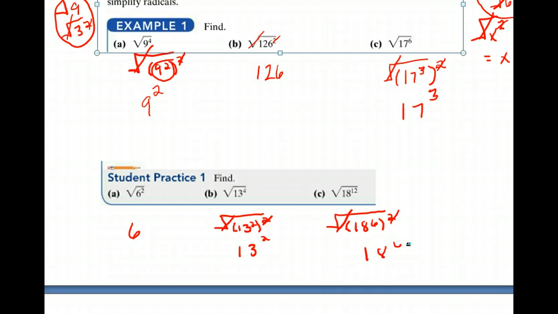Now, in every single one of these examples, I'd like you to notice that first of all, we had an even power. That is very useful to notice.